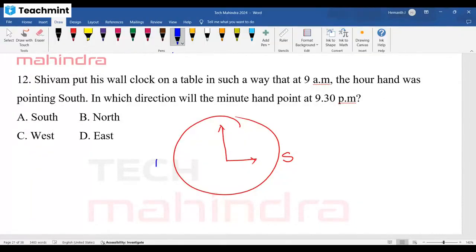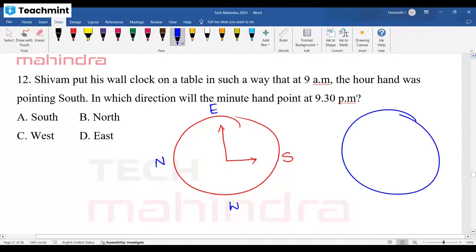And in clockwise, after north, east should come, then south, then west. Now you are not changing the position. The same clock is showing 9:30. Sorry, blunder from my side, I put it for 3 o'clock. This is a mistake.